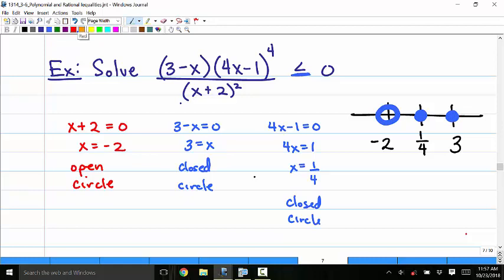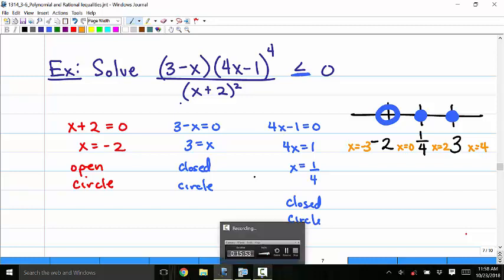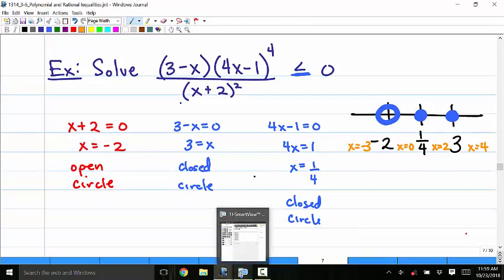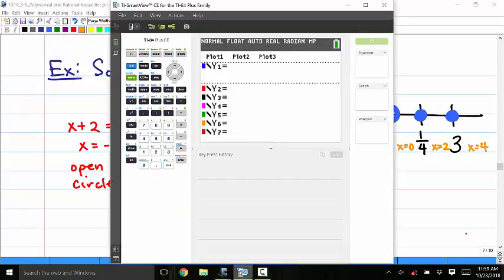Now I need to pick values. I'm going to pick x equal negative 3, x equals 0, x equals 2, and x equals 4. Okay, when I put this into my calculator, I have to make sure it knows I need all of this stuff to be in the numerator, right?